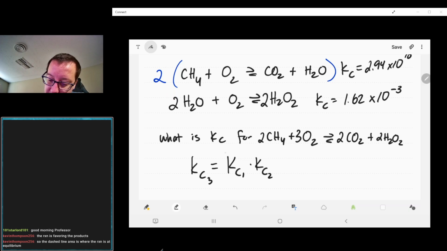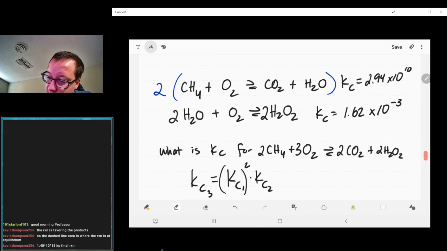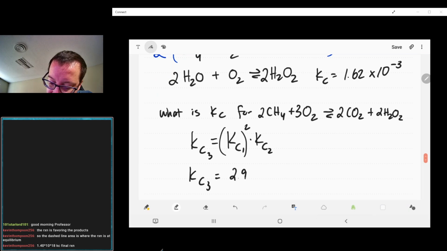Since we had to double the first one in order to add these reactions up, we're going to have to square that particular equilibrium constant. If we were to reverse the reaction, we would invert it. Right now we're doubling it, so we have to square our equilibrium constant. And so we're going to need to plug in the numbers.